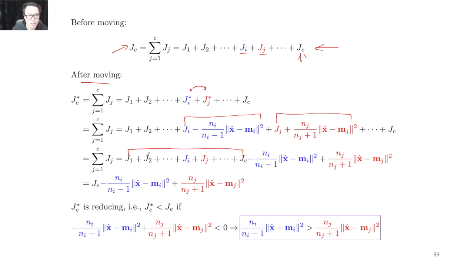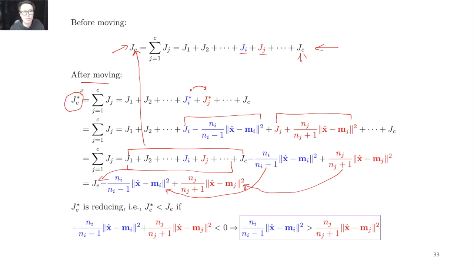This is just Je, so we put it as Je, and put the blue term and the red term right here. Summing up the right-hand side gives us the updated value of the cost, Je star.